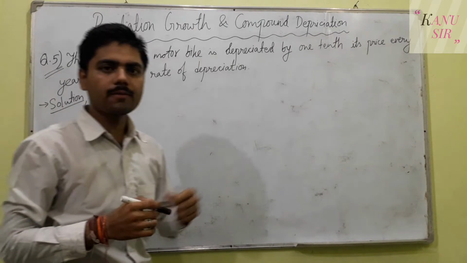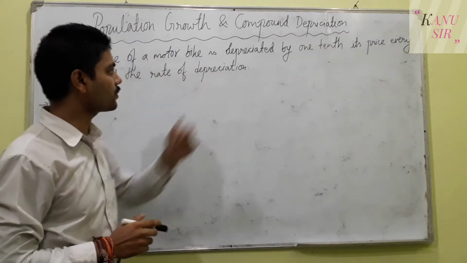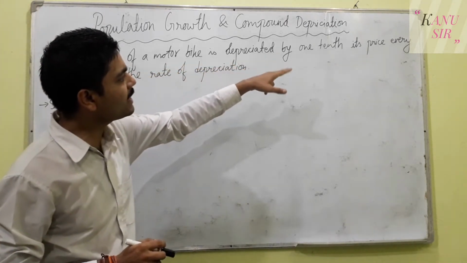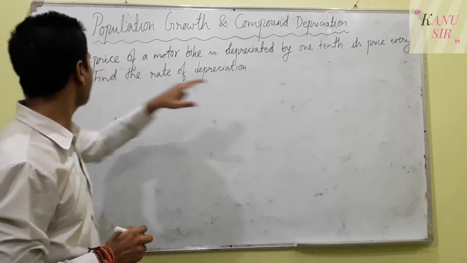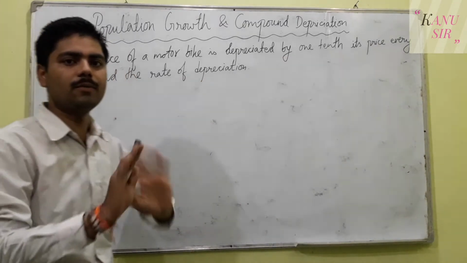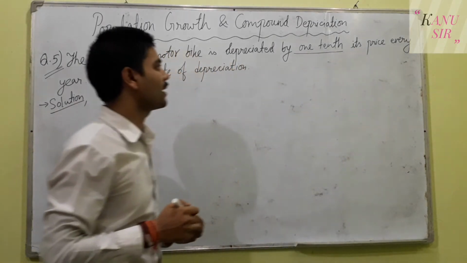Here in question number 5, the question is different from the previous question. Let us read it. The price of a motorbike is depreciated by 1/10 of its price every year. Find the rate of depreciation. No values are given, just the hint of 1/10 of its price every year.